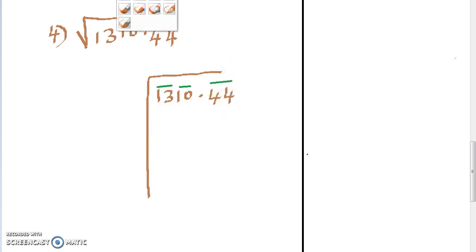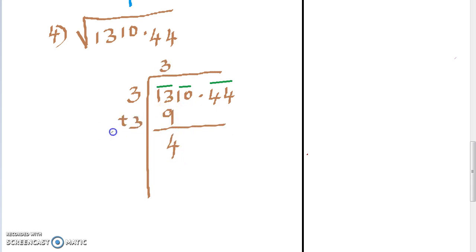Now we take the first two, that is 13. We think about a perfect square which is less than 13. That is 3 times 3, 9. That gives me 4. I need to add a 3 here, which gives me 6. I bring down this pair, so that becomes 410. I need to insert a number here to make it a 2-digit number for 6.